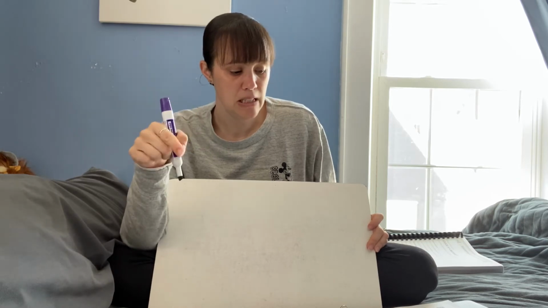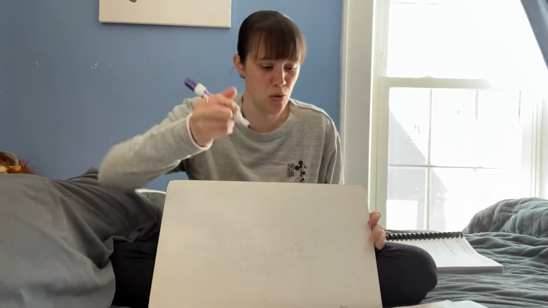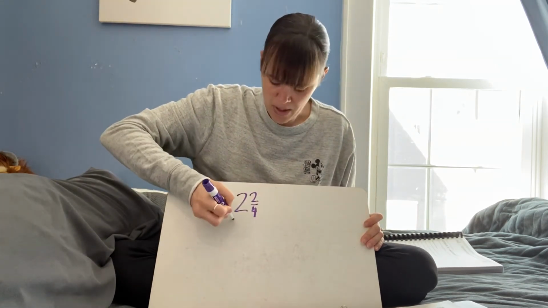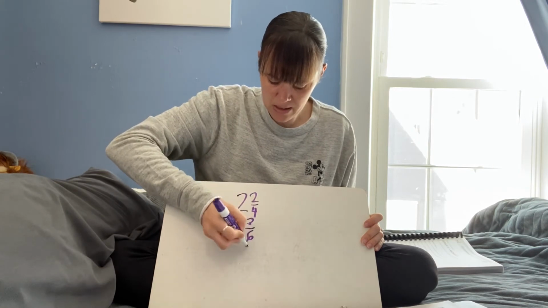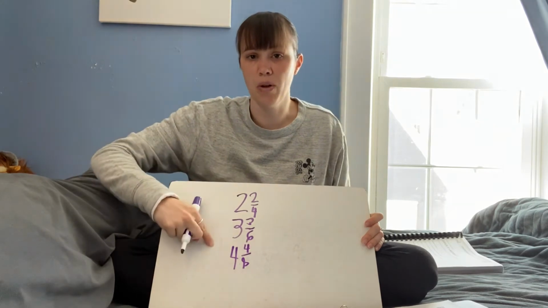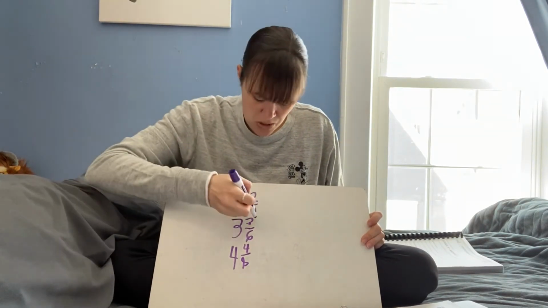And then B, D, and F all had a mixed number. What did you notice about the mixed number? We have 2 and 2/4. We have 3 and 3/6. And we have 4 and 4/8. Okay, so they went up, right? They increased, but what did you notice about this part?